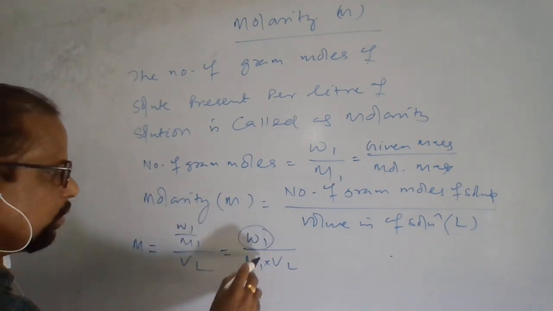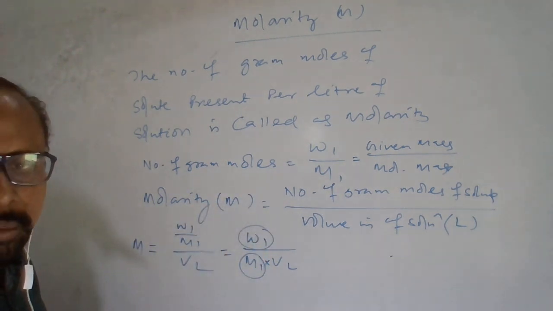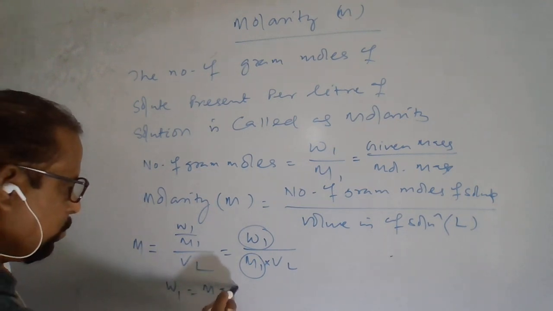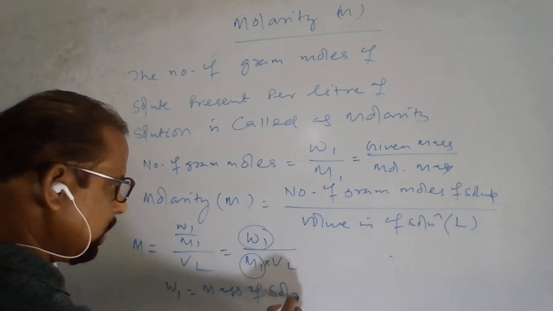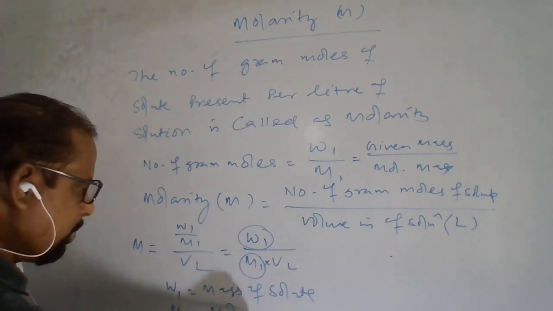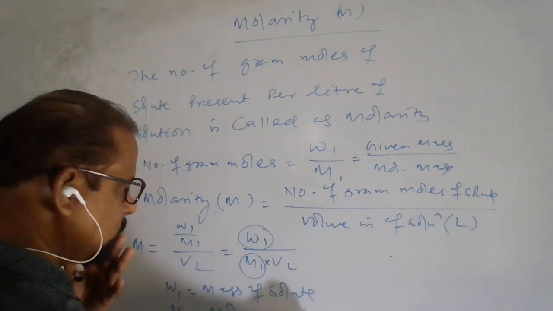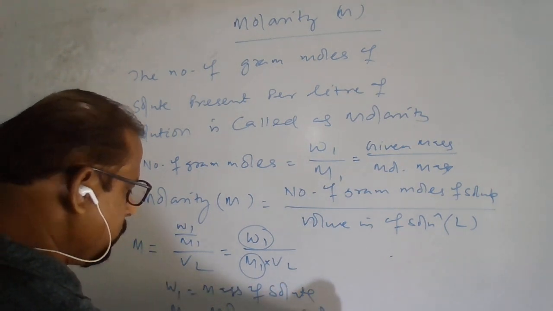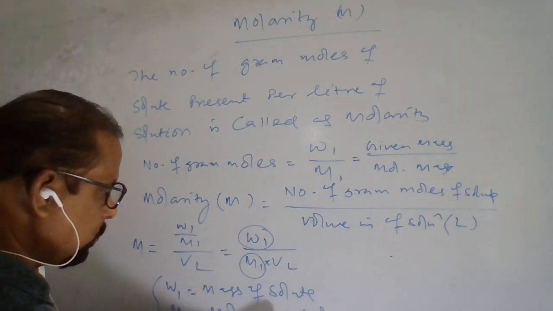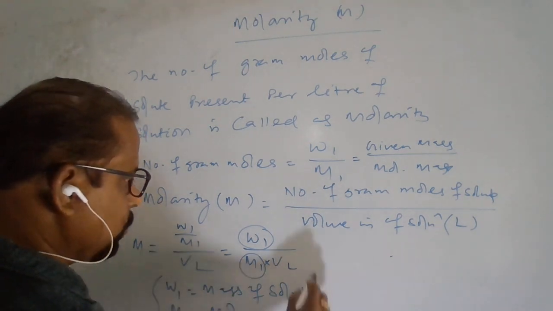W1 is the mass of solute and M1 is the molecular mass of solute. That you have to remember. And V is the volume of solution.